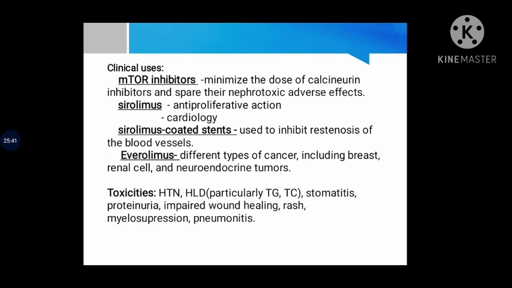Everolimus is also used in oncology to treat many different types of cancer, including breast, renal cell, and neuroendocrine tumors. However, the doses for tumor treatment are higher than those used in transplantation.